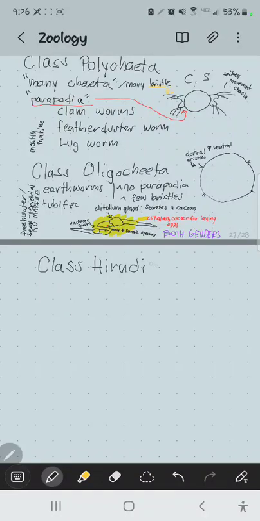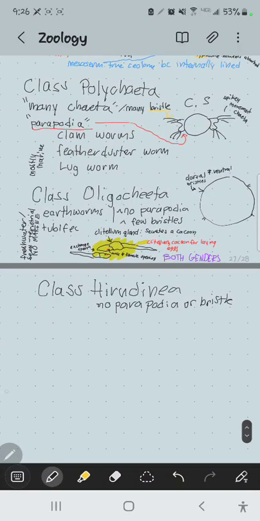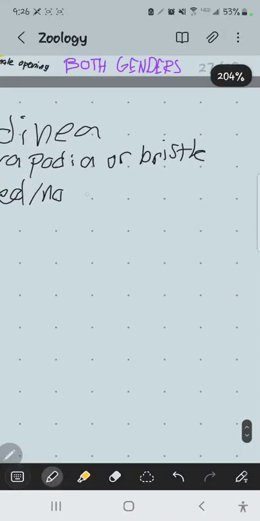So there's no chaetae, no parapodia, no bristles, and they also have reduced or no internal septa or internal compartments. When we do the earthworm dissection, I'll show you the segments are actually divided internally in earthworms and in polychaetes usually. But in the leeches, they've done away with the internal segmentation. So segmentation is only external. So no septa.